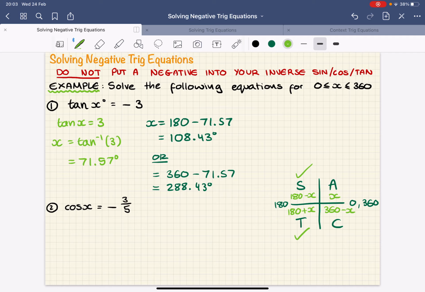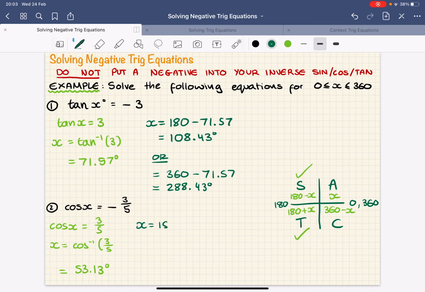So for the time being, I aside just work out what it would be if it was a positive 3/5. So x is going to be the cos inverse of 3/5, which is just 53.13 degrees. So then, figuring out what my true values for x are going to be, focusing first on 180 minus x.